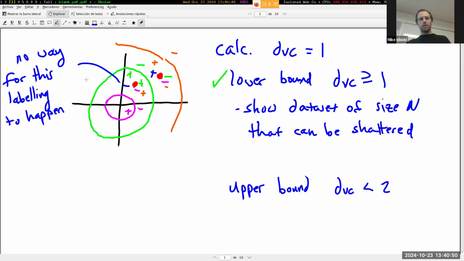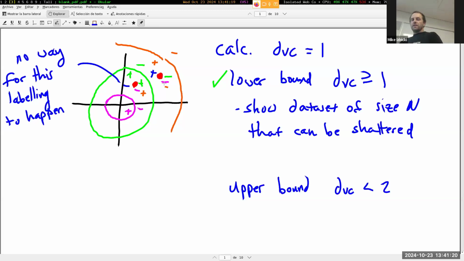And the reason for that is because the way the hypothesis class is constructed, the inside of the circle is always positive and the outside of the circle is always negative. And so no matter where I draw this circle, whatever data point is closer is always going to be positive, and the point that's farther away is always going to be negative. And there's no place that I can put a circle that will switch that around.